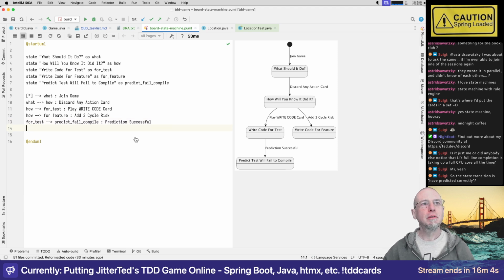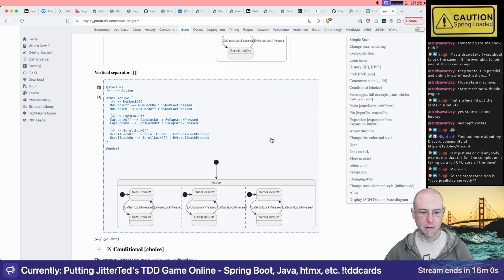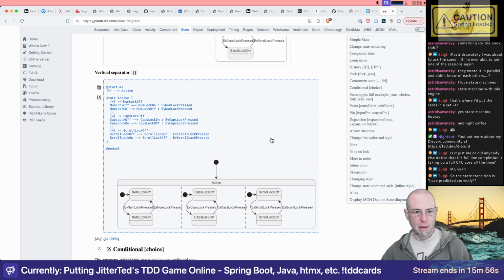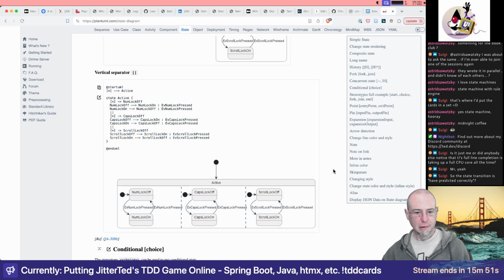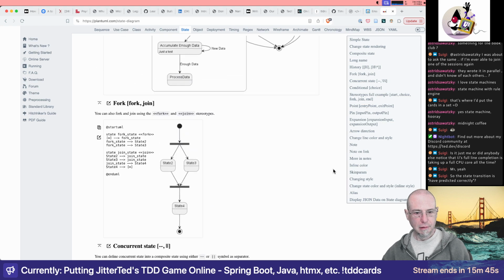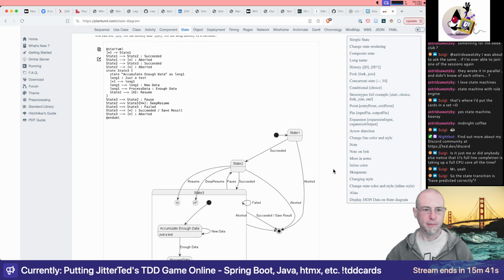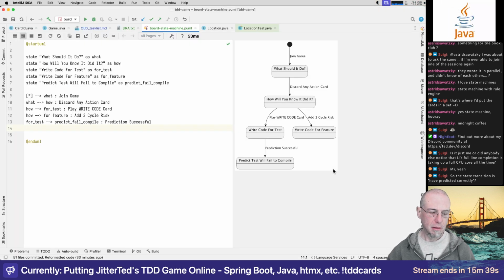So how do we do substates? It's not a fork join, it's just a substate. Okay.